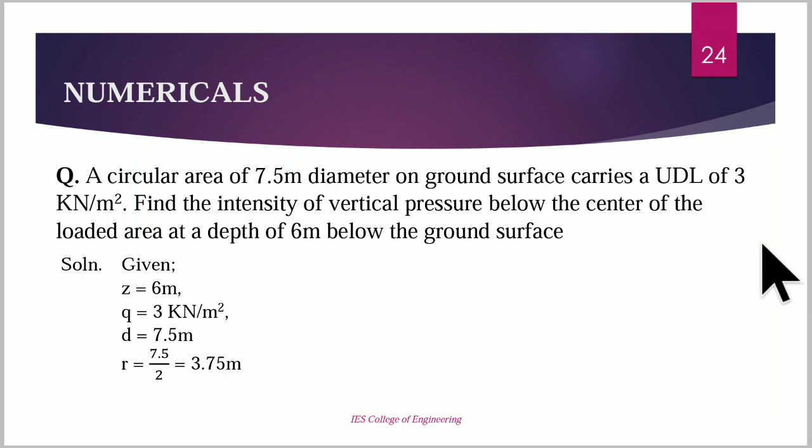Okay, so it is given, depth z is equal to 6 meter, UDL q is equal to 3 kilonewton per meter square, diameter D is equal to 7.5 meter, from which we can find the radius 3.75 meter.